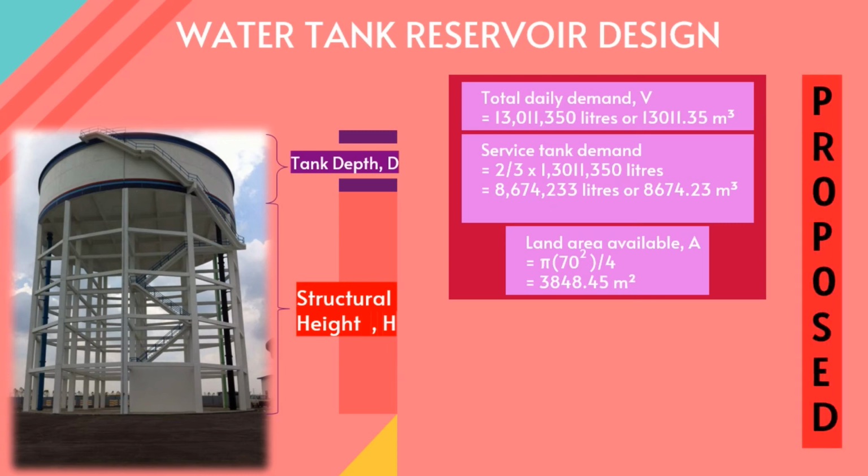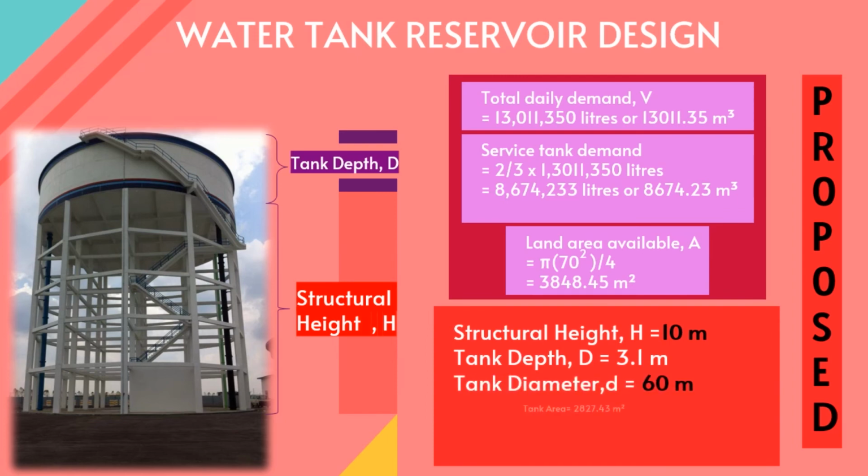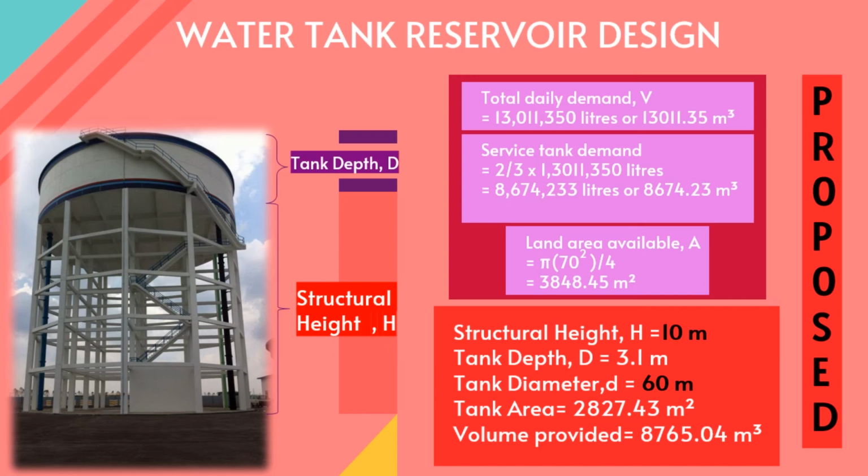That can be proved by these physical properties of the tank, designed with structural height, tank depth, and tank diameter that give the value of 27.43 square meters of tank area that can accommodate up to 8,765.04 cubic meters of water. Moreover, this is the calculation and value of the hydraulic gradient line.